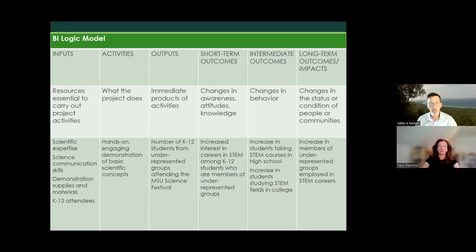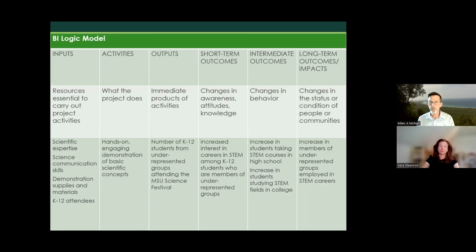And the activity itself is, in this case, and I'm just making this up, a hands-on engaging demonstration of basic scientific concepts from your field that are appropriate for a K-12 audience. And then your outputs are the number of students who show up. The short-term outcomes, that's the one we were talking about before. It's the increased interest in careers in STEM among members of underrepresented groups.